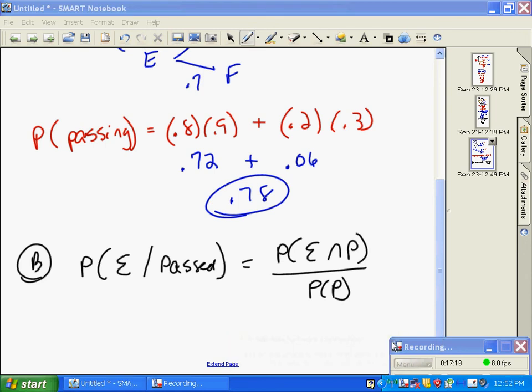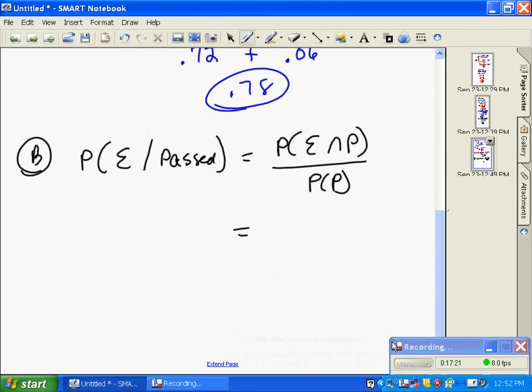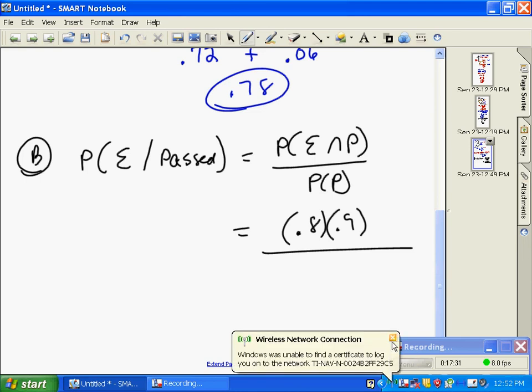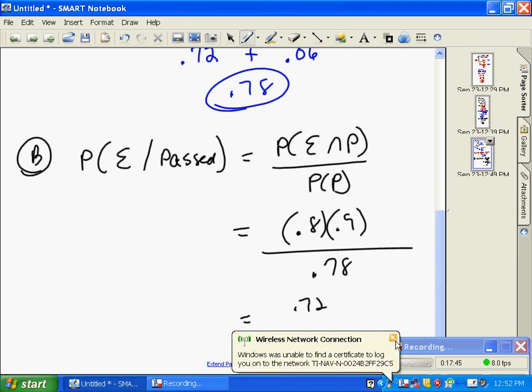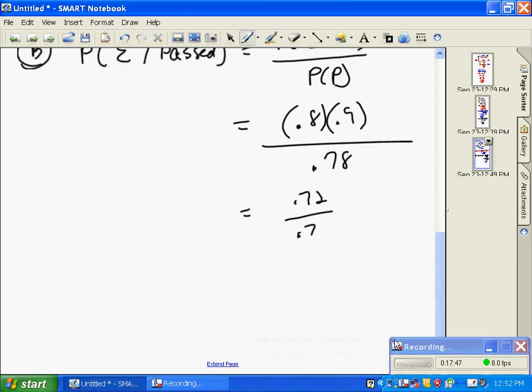If I'm using the formula, both eligible and passing would be 0.8 times 0.9, divided by all ways of passing, which we just found, so I don't think we need to do it again, 0.78. Eligible and passing divided by just the probability of passing. So I get 0.72 divided by 0.78, which is just 72 over 78. Now, if that bothers you and you want to reduce it, it's 12 over 13.